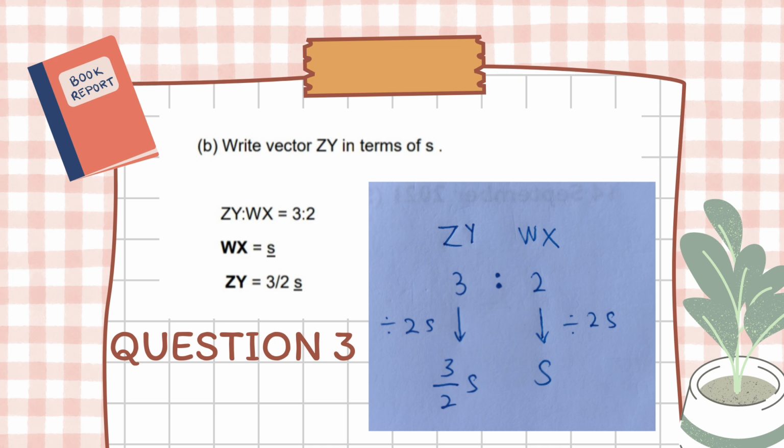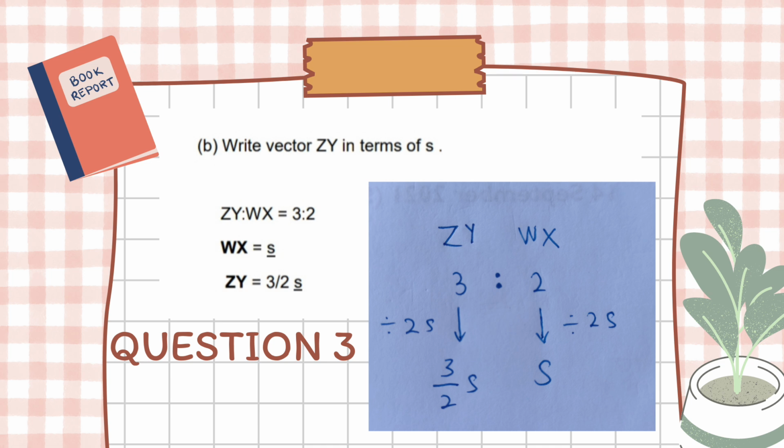Based on the information given, the ratio of vectors ZY and WX is 3:2. WX we know as vector s. So we can find vector ZY by the ratio and vector WX. And vector ZY is equal to 3/2 s.